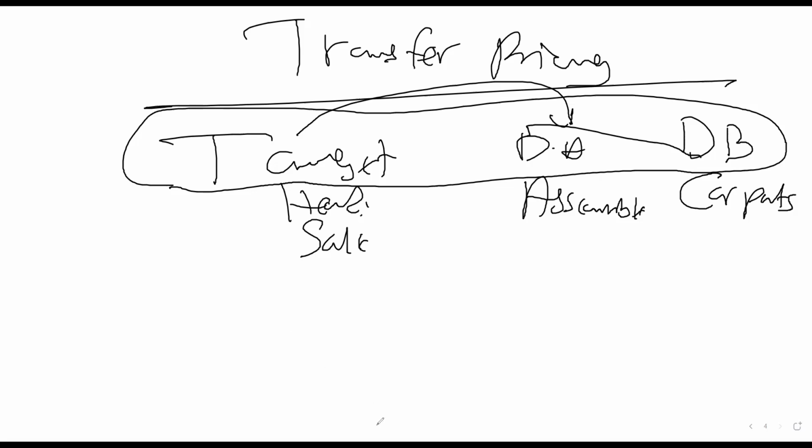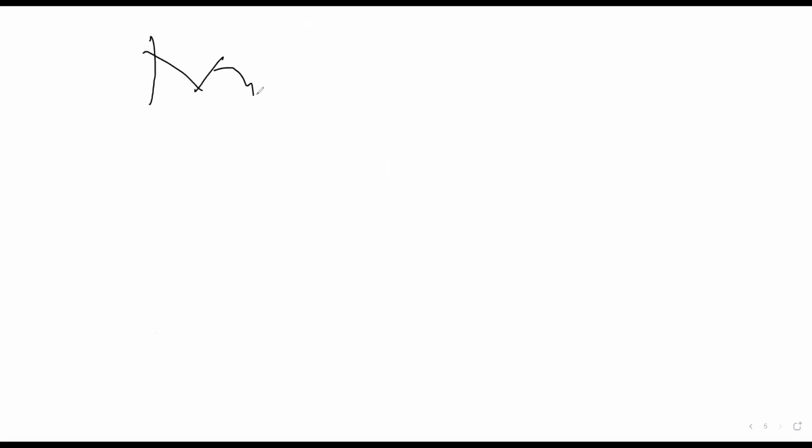Now, basically, there are two main types of transfer pricing. Number one, we have the minimum transfer price, and maximum. Even though the word says minimum, it is the highest.